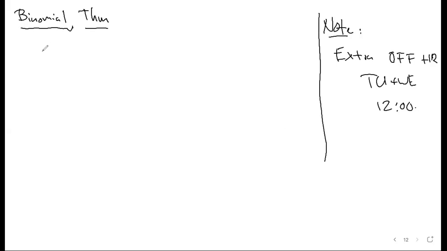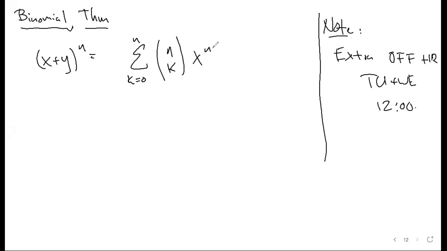All right. So on to the binomial theorem. So the binomial theorem says that x plus y to the n is going to be equal to the sum, k equals 0, of n choose k, x to the n minus k, y to the k.